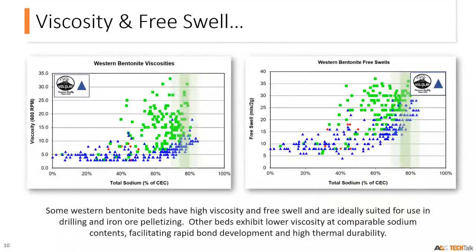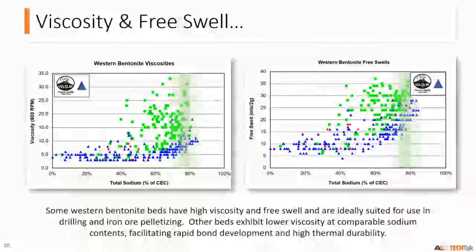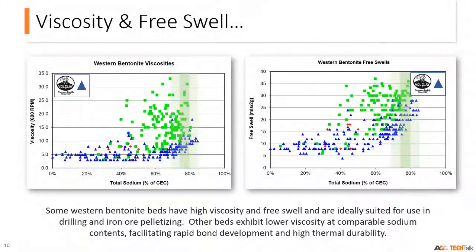All right, on the next couple of slides, we're going to be referring frequently to CEC. This is simply an indicator of clay available for bonding, or cation exchange capacity. Some Western bentonite beds have high viscosity and free swell and are ideally suited for use in drilling and iron ore pelletizing. Other beds exhibit lower viscosity at comparable sodium contents, facilitating a rapid bond development and high thermal durability.